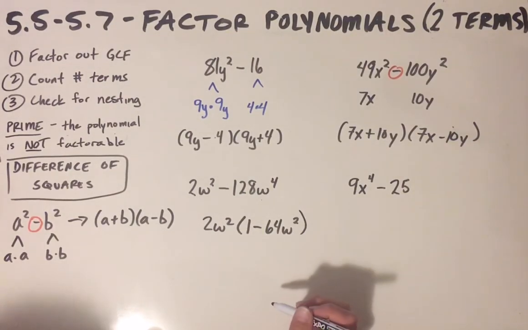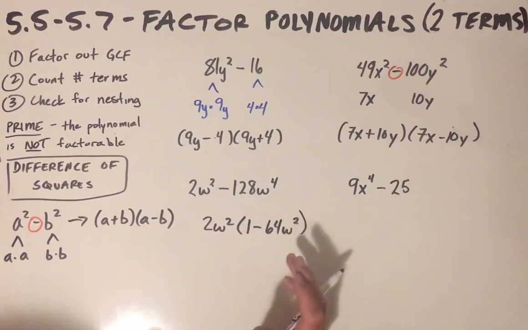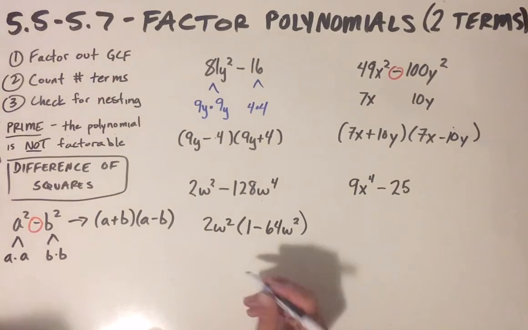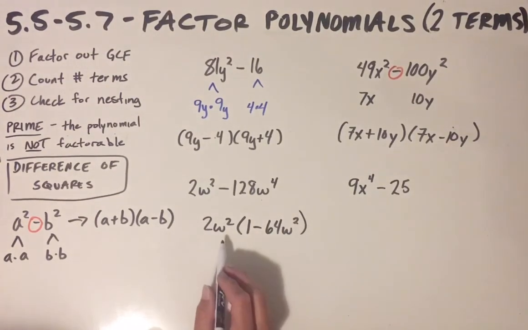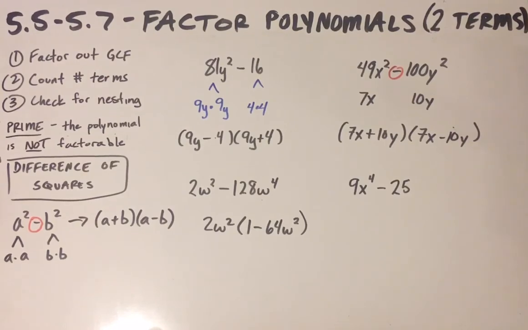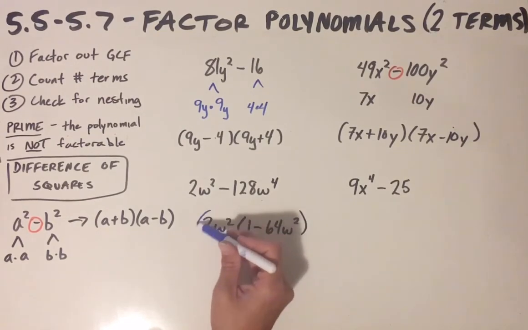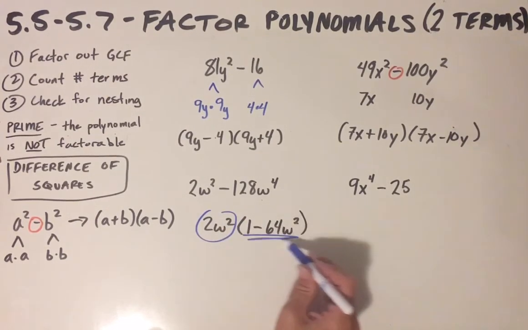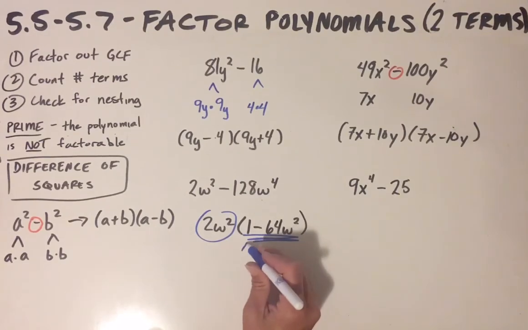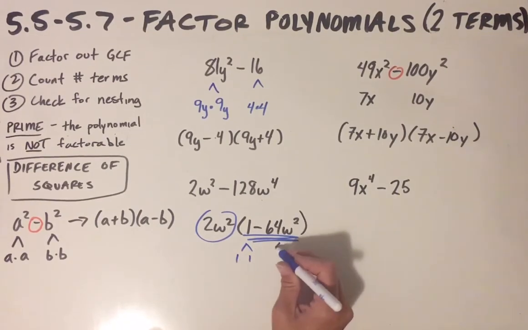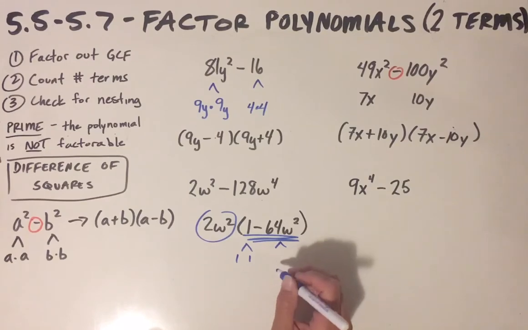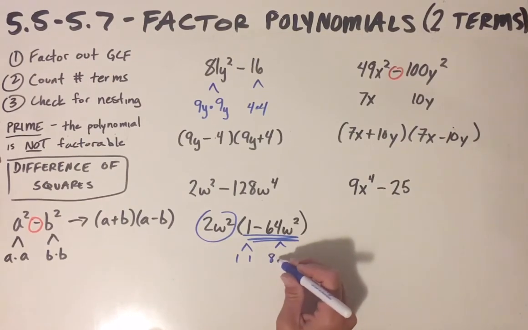It doesn't matter what comes first or second. 1 is a perfect square, and after I've factored out the GCF, again, I'm not going to look at it. I'm looking inside of right here. Well, 1 is a perfect square. It's 1 times 1. And 64w squared is 8w times an 8w.